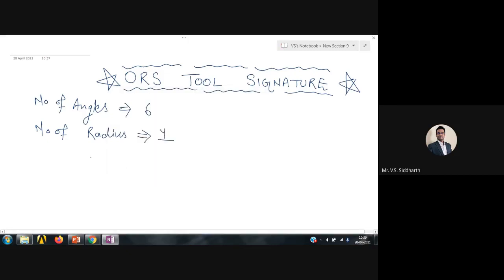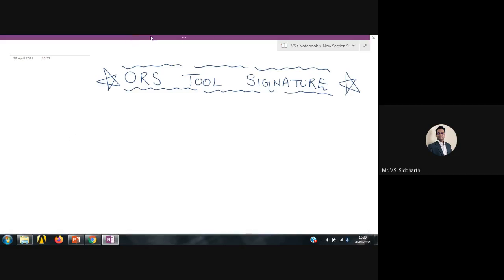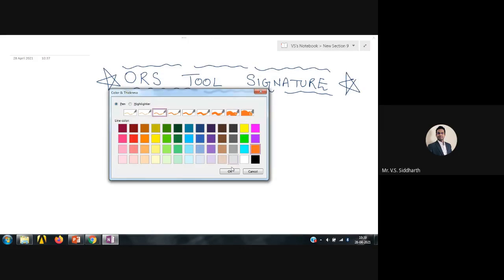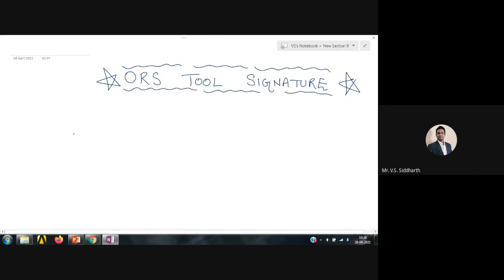If some tool signature is given to you, like 6 degrees, 10 degrees, 7 degrees, 4 degrees, 9 degrees, 75 degrees, and 1 mm.